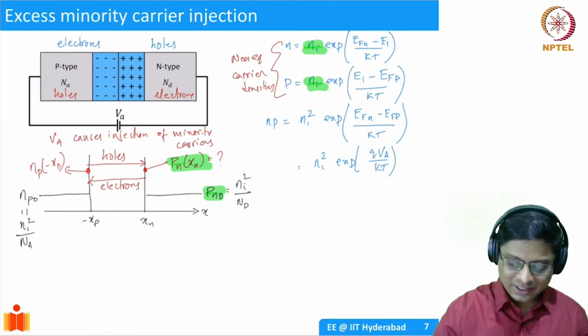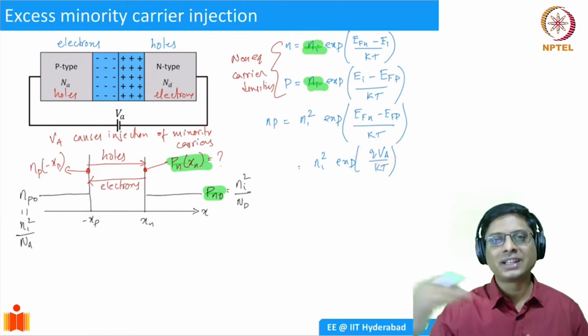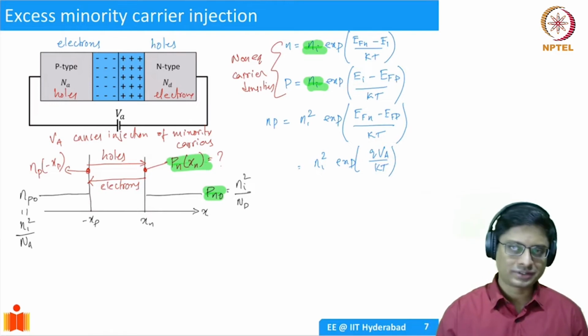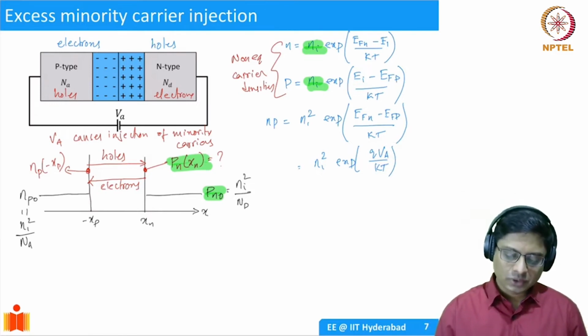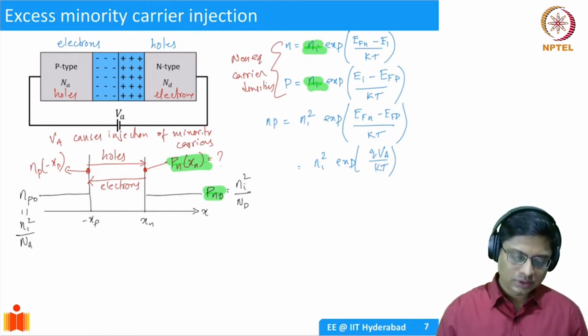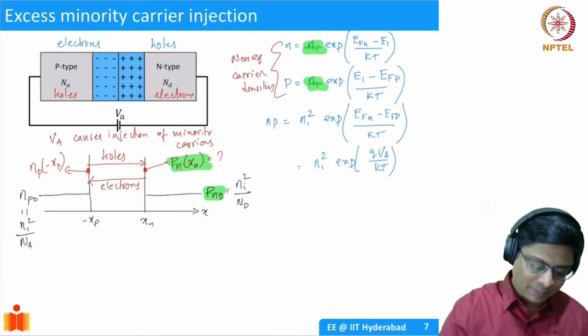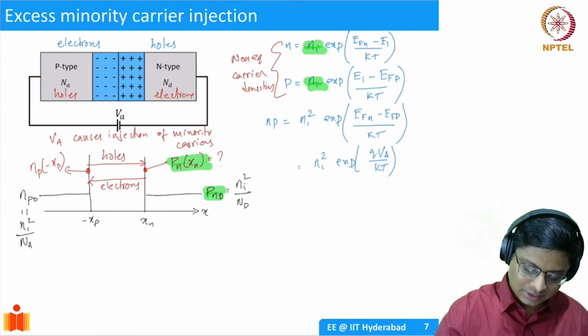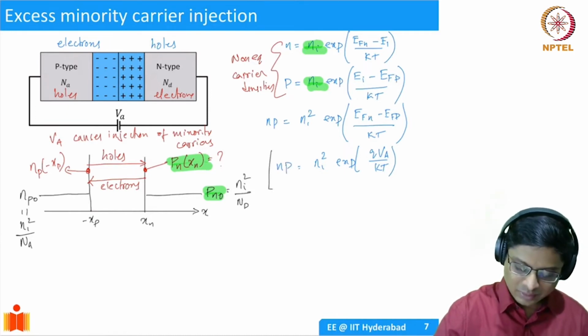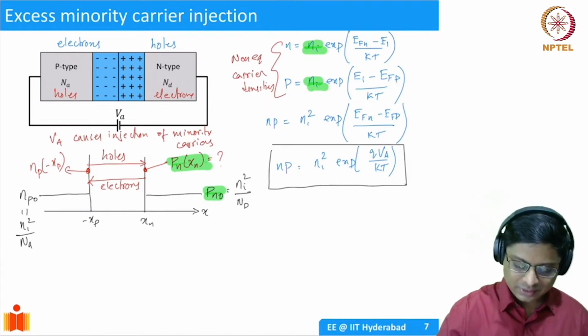We said that the difference in the Fermi levels in the N and the P is basically the applied voltage. This is actually a very, very important relation. We call it the law of the junction. We just give it a name, but this is a very important relation in PN junctions.